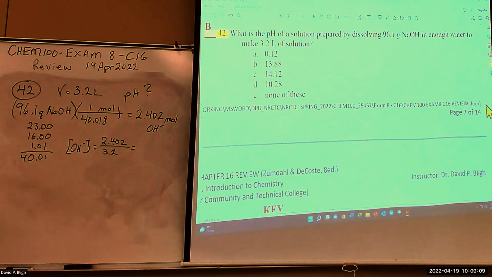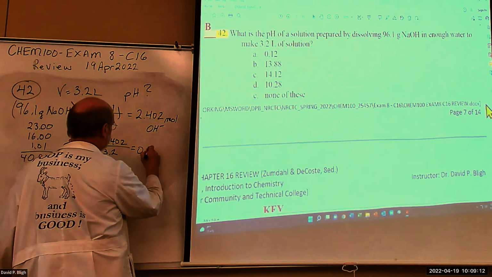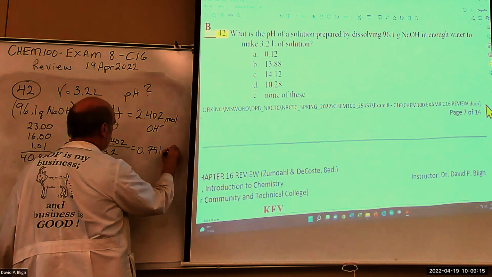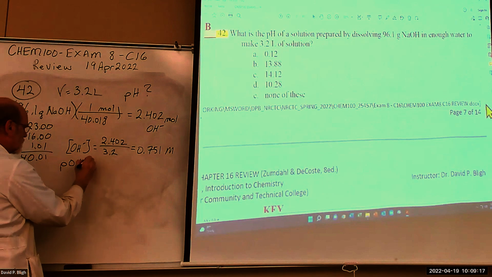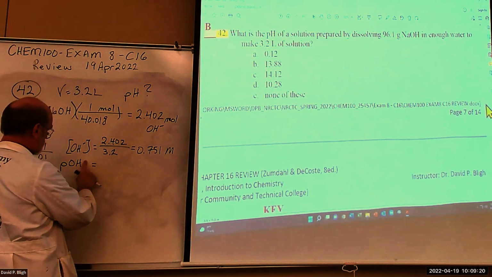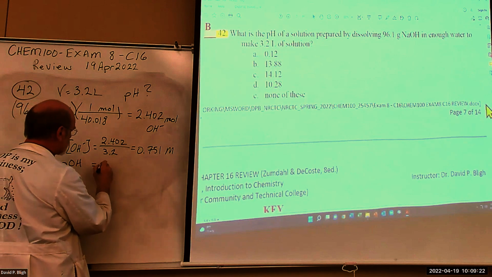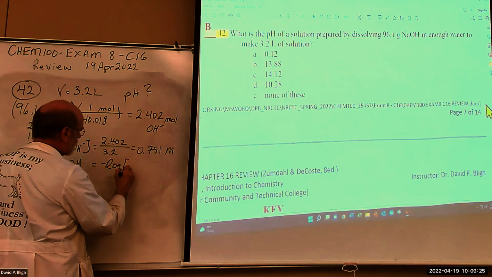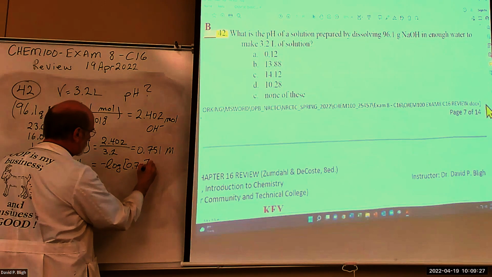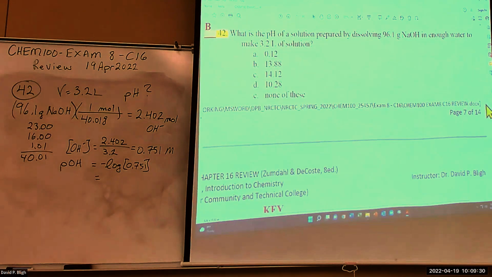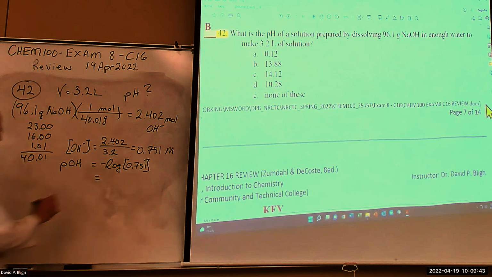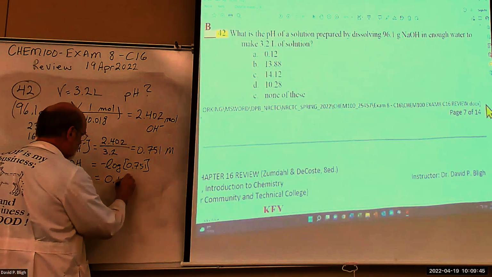I get 0.751 molar. pOH equals negative log of 0.751, which is, let's see, log, 0.125.